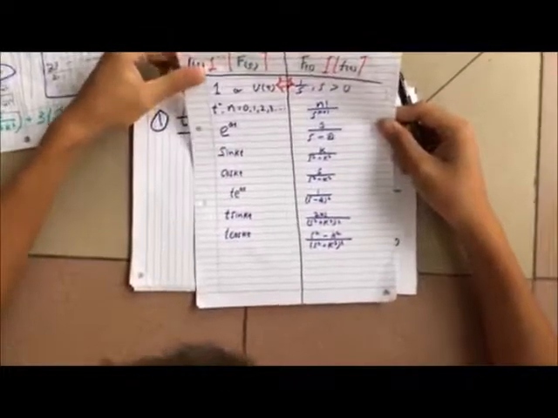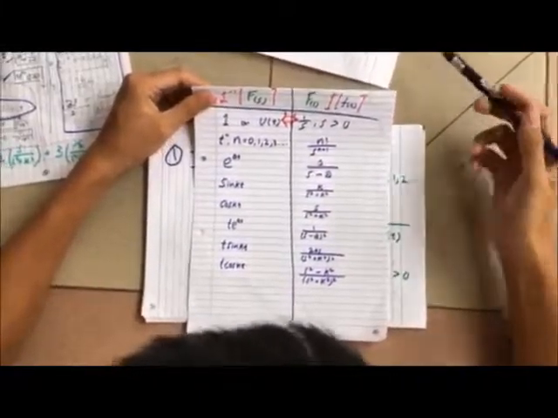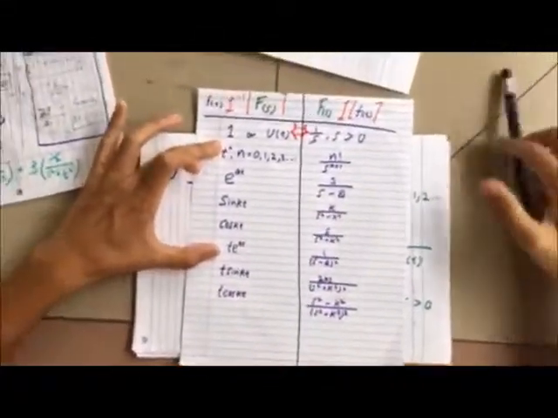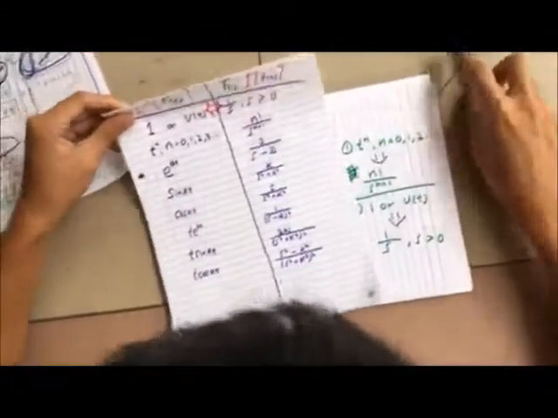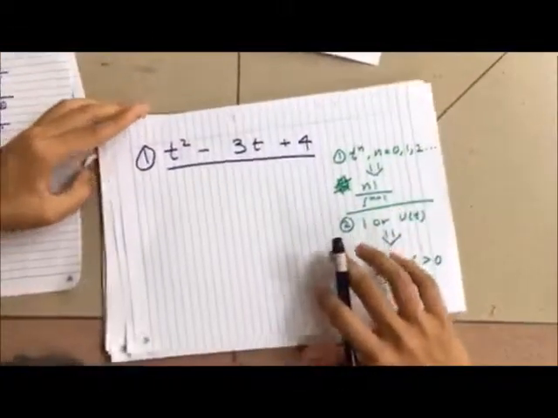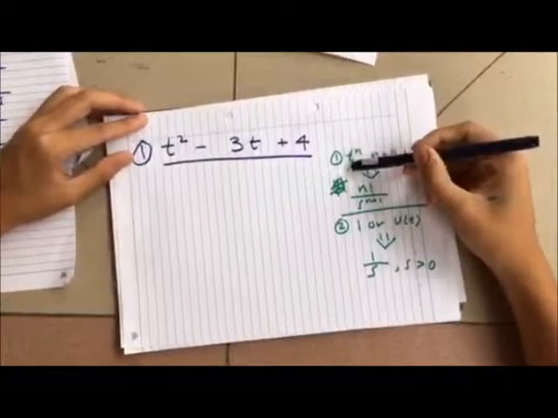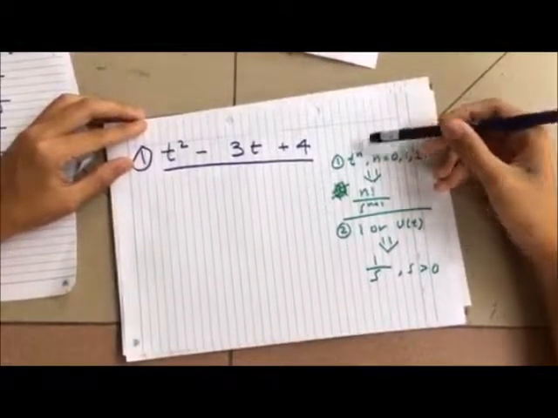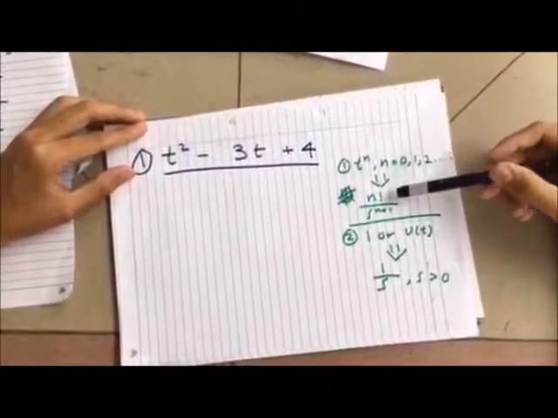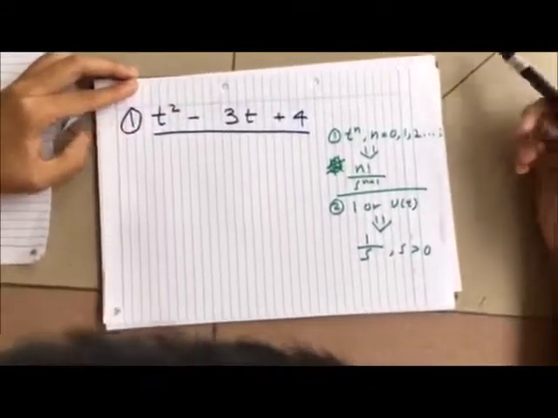Okay, so today we're going to explore the first few methods, mainly these few right here, the first 5. The first question we're going to explore is this. With the t method, the first method is t power n, your n being a constant. When you Laplace it, it gives you n factorial over s power n plus 1.